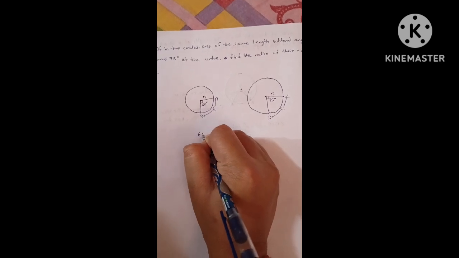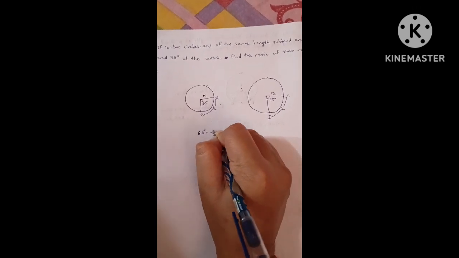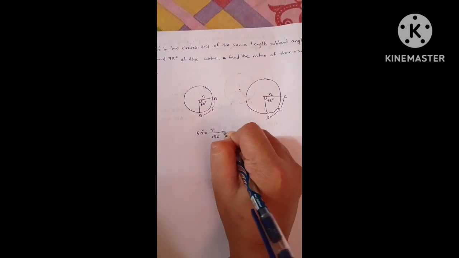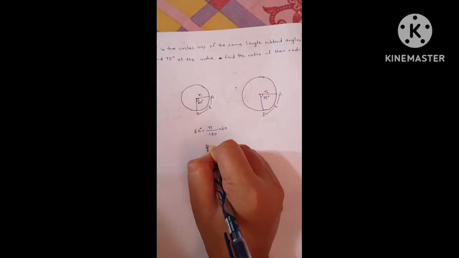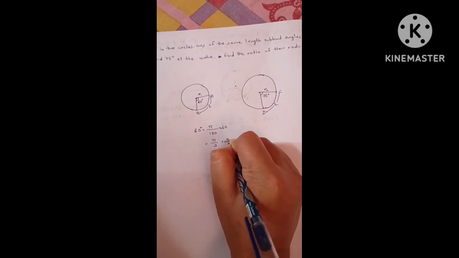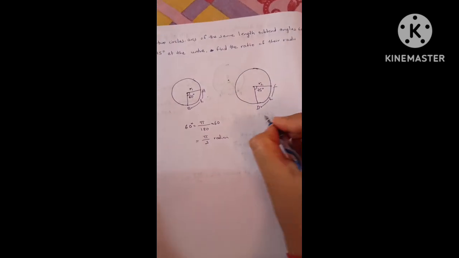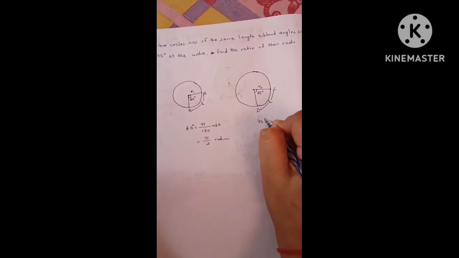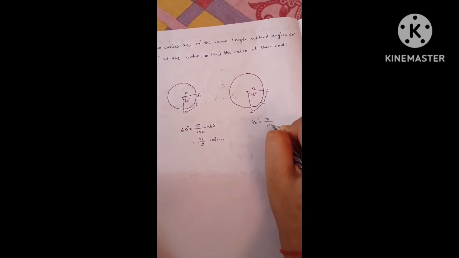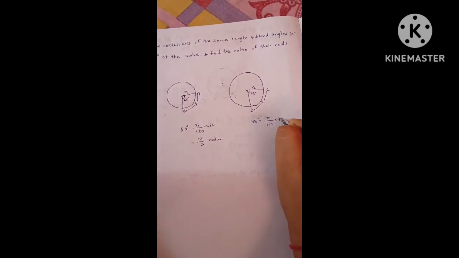Now 60 degree is equal to pi upon 180 multiplied by 60 degree, which means pi by 3 radian, and 75 degree is equal to pi by 180 into 75.